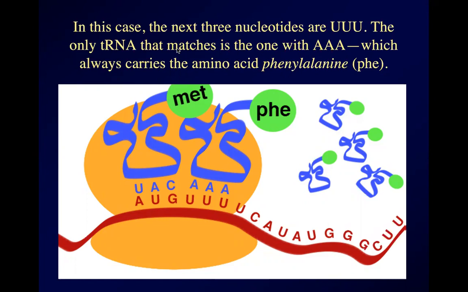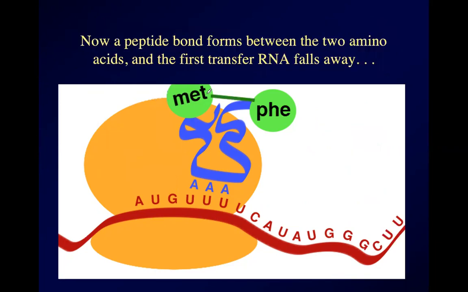Okay, the next 3 nucleotides are UUU. The only tRNA that matches is the one with AAA, which is a Canadian transfer RNA molecule, because all it says is A. Anyway, that carries phenylalanine in. A peptide bond forms between these 2 amino acids, and the first transfer RNA molecule falls off.